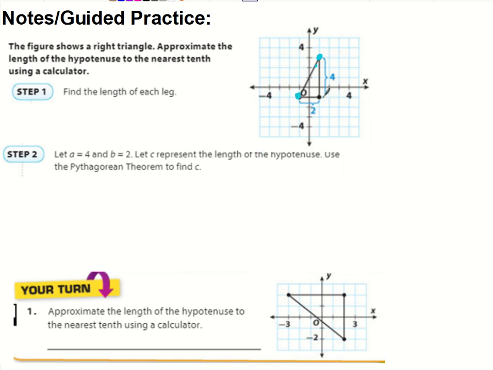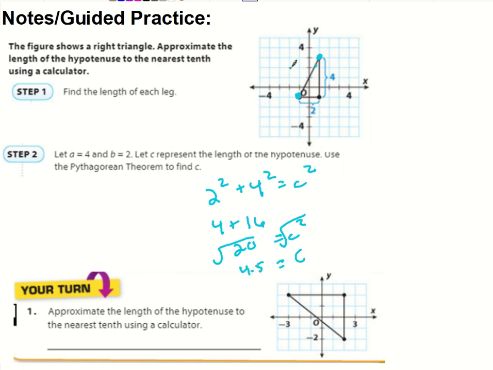So if I have a right triangle with a leg of 2 and a leg of 4, I can now find the distance of this line by doing 2 squared plus 4 squared equals c squared. So that's 4 plus 16, which is 20. Now I can find the square root of 20, which is 4.5.